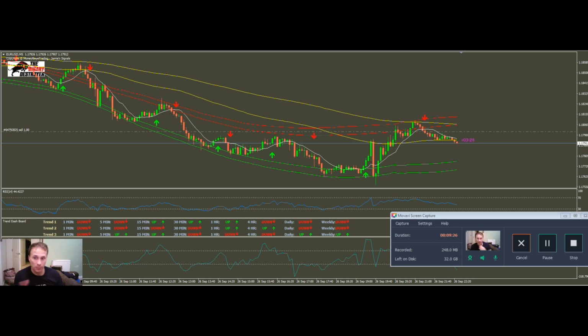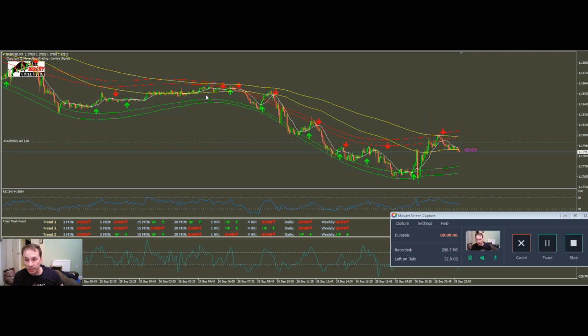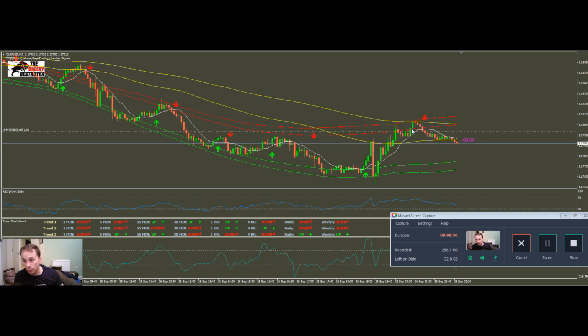So I'm waiting for the price to be in the buy and sell zones and signal arrows to appear. You see how we got a signal arrow there in the buy and sell zone? It won. Signal there in the buy and sell zone, won. These are not in the buy and sell zones and they don't win, so I don't take them. And this one here was in the buy and sell zone, and it was in the middle of our 200 EMA strategy, which means nice, perfect, going to be a winner.